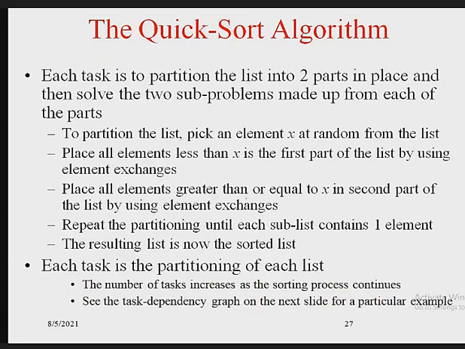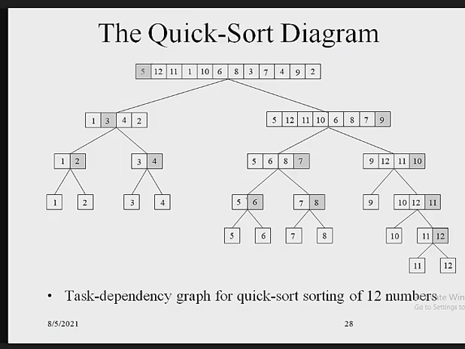How the quick sort algorithm works, you actually know, but we'll see the example. This graph is nothing but the task dependency graph for quick sort, having 12 numbers in total in this array.